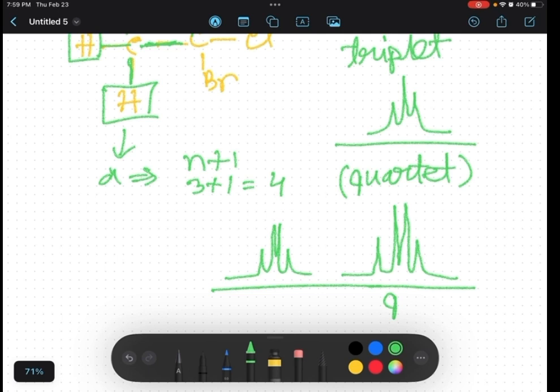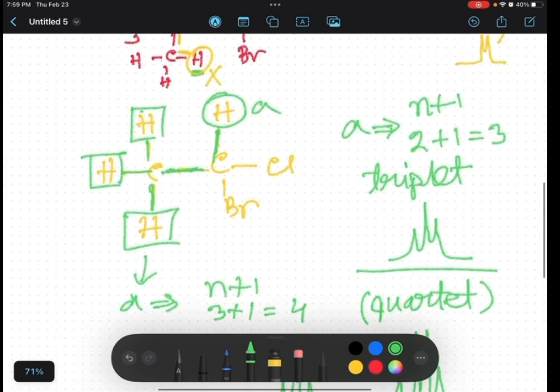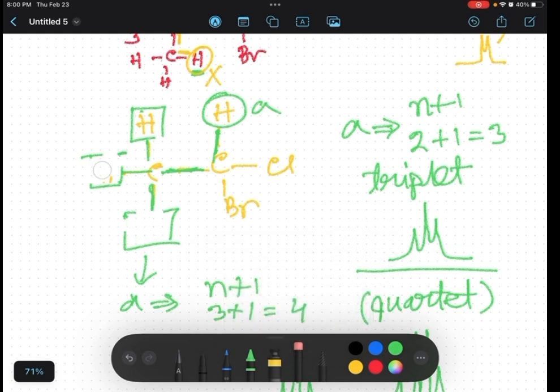When there is no neighboring proton, suppose we replace all those protons with something else, like chlorine, another chlorine, and another chlorine, so ultimately the A proton doesn't have any neighbor.